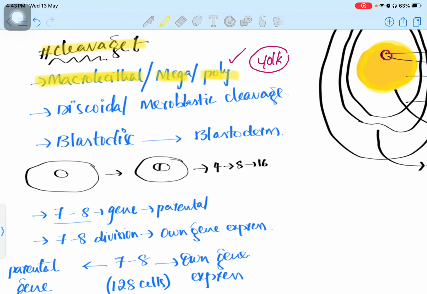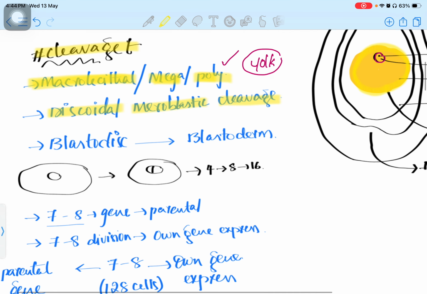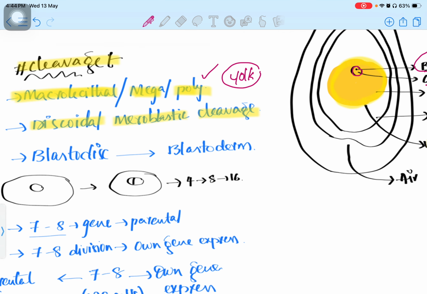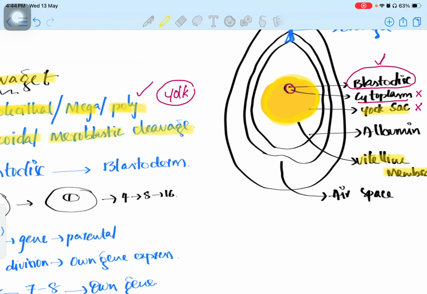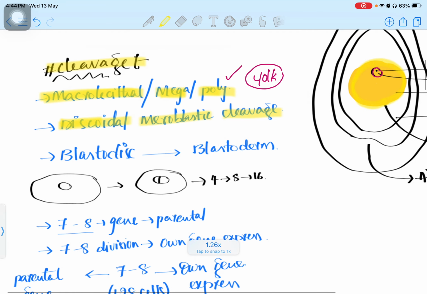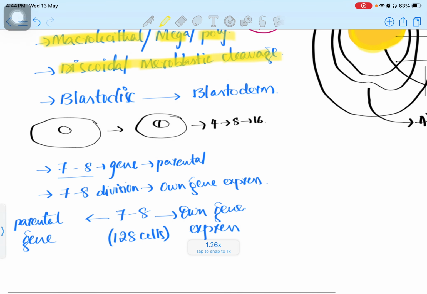And discoidal meroblastic cleavage happens inside the chick. Why do we call it discoidal cleavage? Because only the blastodisc region undergoes cleavage. The remaining yolk sac, cytoplasm and whole egg are not dividing. So that's why we call it discoidal meroblastic cleavage.